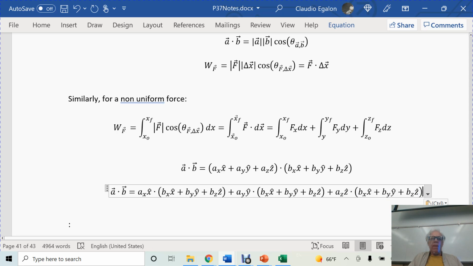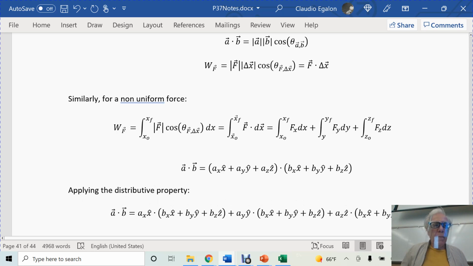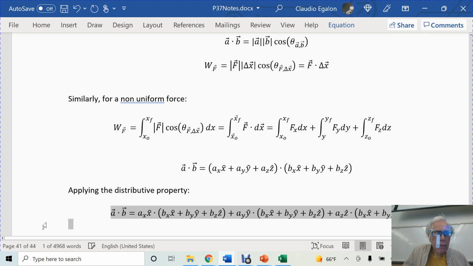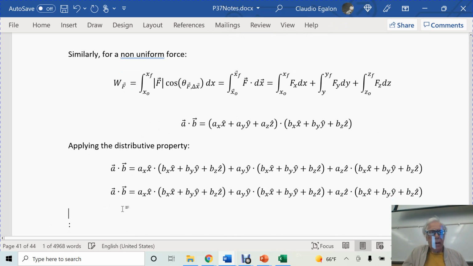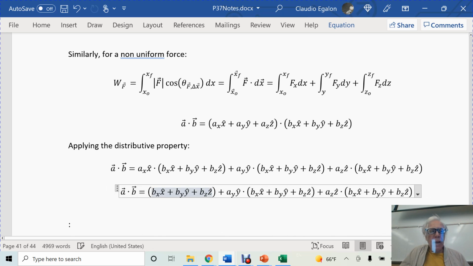Okay, applying the distributive property. We're going to apply the distributive property again, because now what is outside the parentheses must go inside the parentheses. Go ahead, do that yourself.